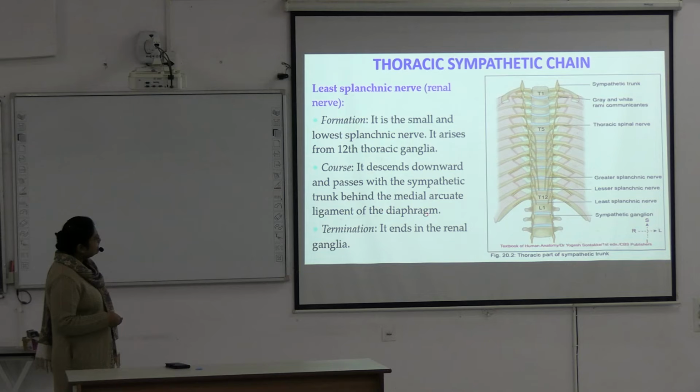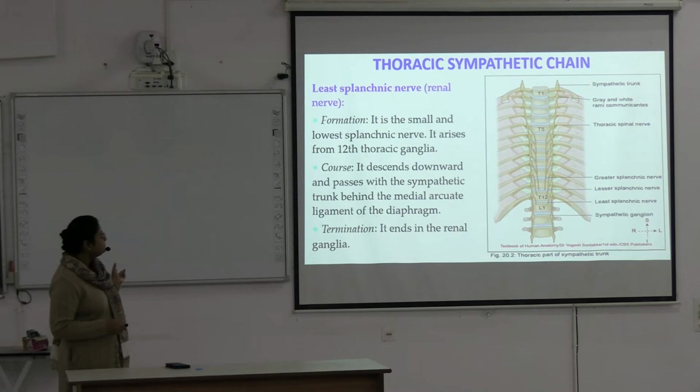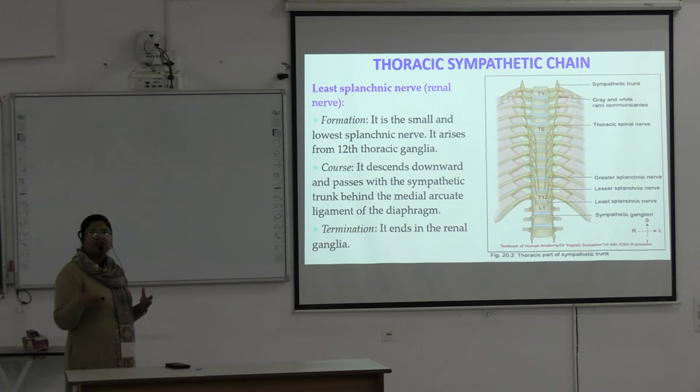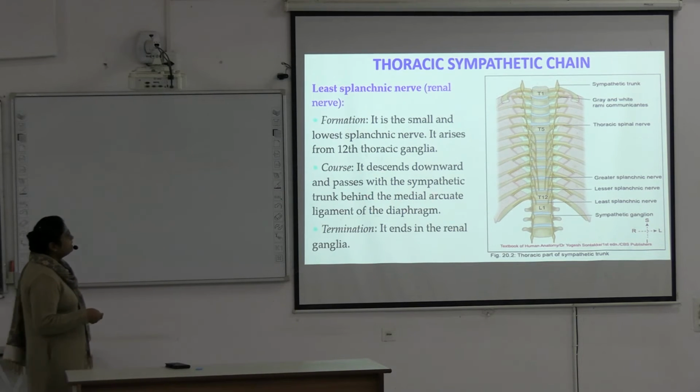The medial arcuate ligament is one ligament from where the diaphragm originates. The diaphragm originates from 3 arcuate ligaments, median, medial and lateral, which arise from the vertebral body and the ribs. So it is passing behind the medial arcuate ligament of the diaphragm.